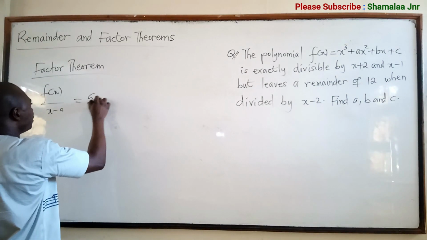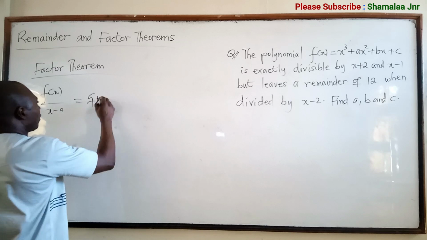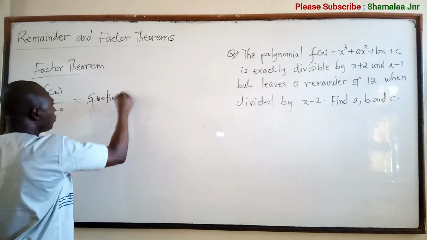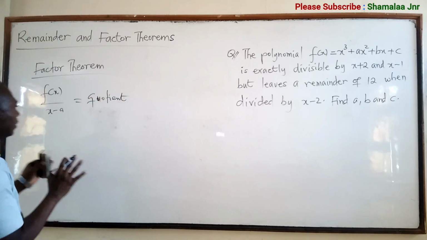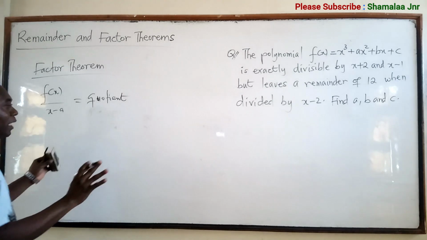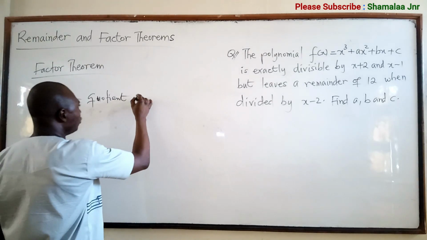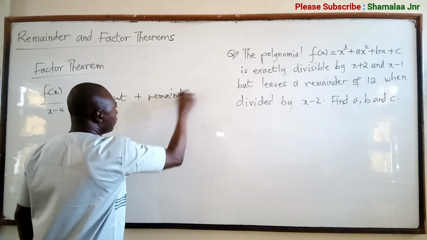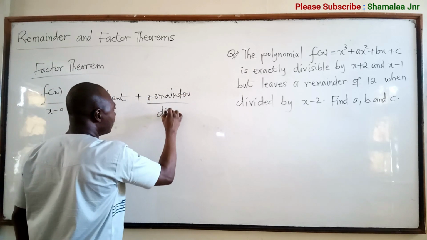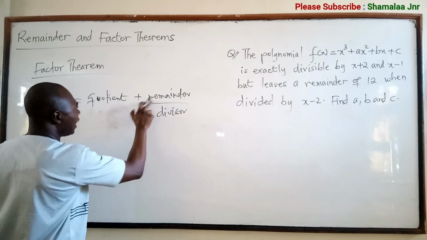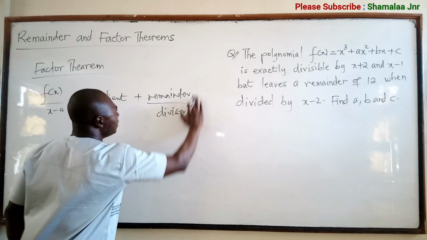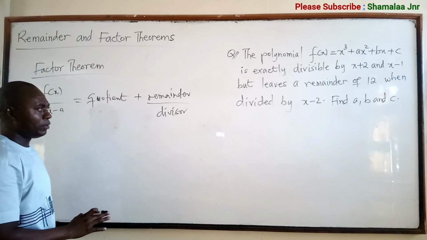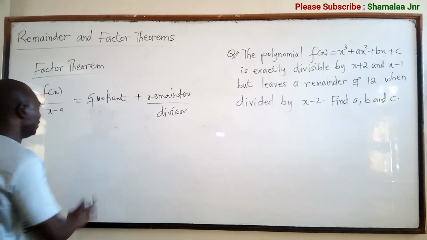It's going to be quotient. This one is equal to quotient. If x minus a is a factor, then the remainder should be 0. So if it is not, it is plus remainder over divisor. This is the formula. Now, if the remainder is 0, everything here will go to 0. Do you see it? Yes, if it is a factor.